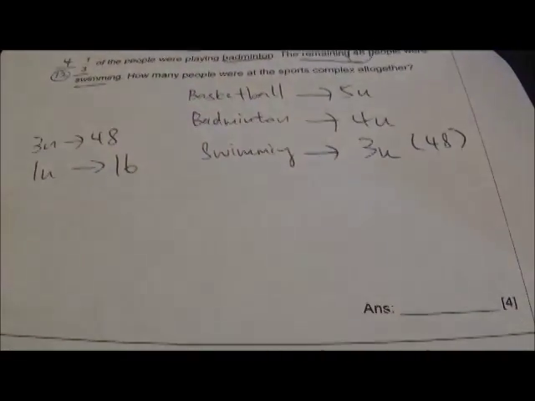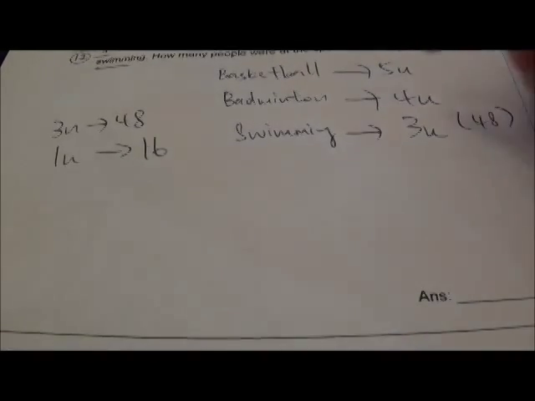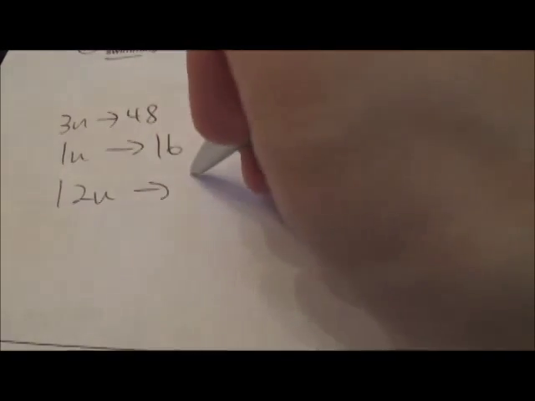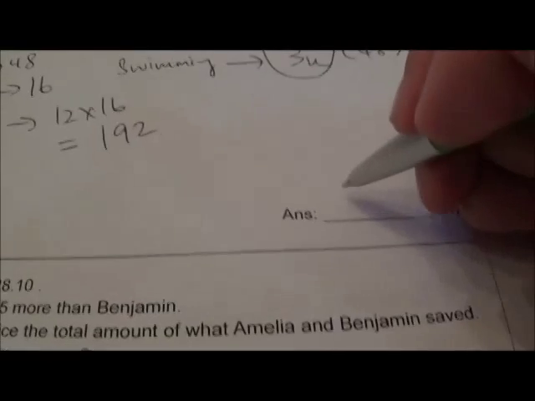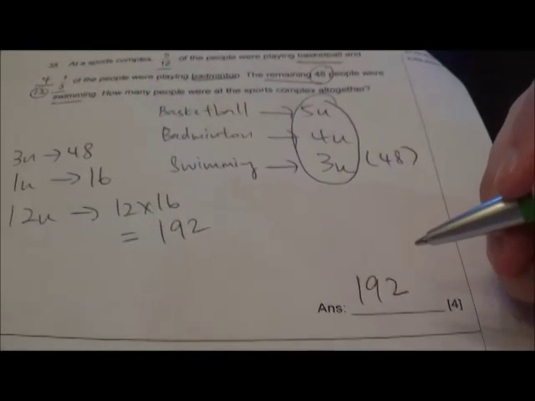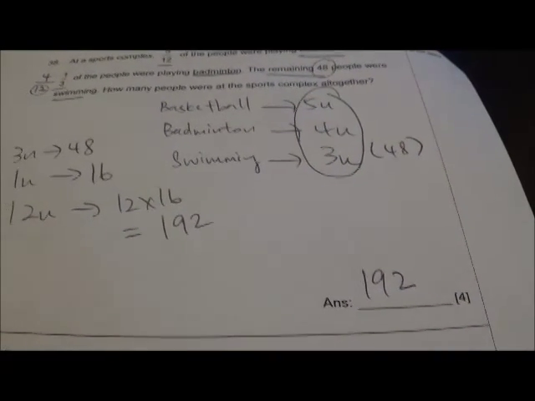So 3 units is equal to 48. 1 unit should be 16. How many people were at the sports complex altogether? Don't forget there's altogether 12 units of people. So 12 times 16, answer 192. So the final answer is 192. There's 192 people at the sports complex.